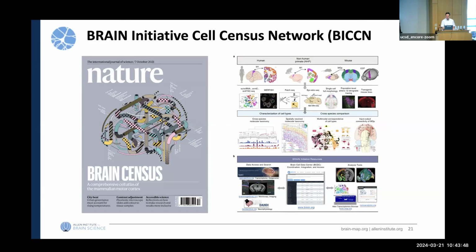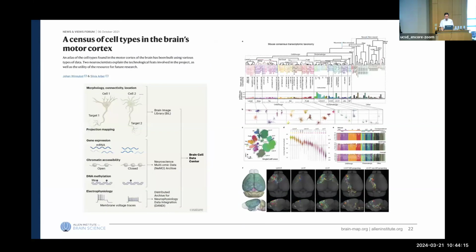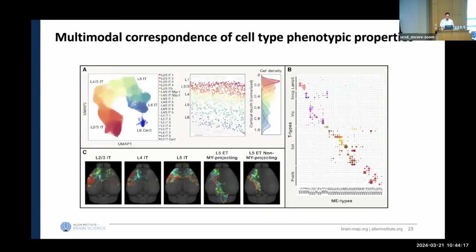There was a flagship publication that described the big picture, and then there were a series of companion papers that studied the molecular classification. Iran's paper, a very nice paper, studied the integration between transcriptomic and epigenomic data across many data sets. We'll talk about spatial transcriptomics. There was a paper on that, et cetera. So anyway, go look at these papers. I'm not going to dwell on that too much more. These are a few slides here that came from that.